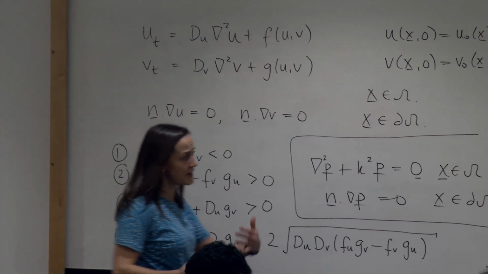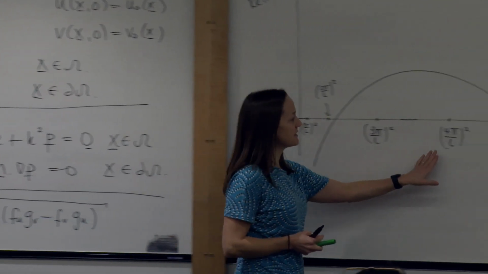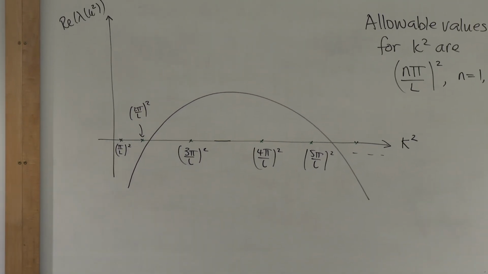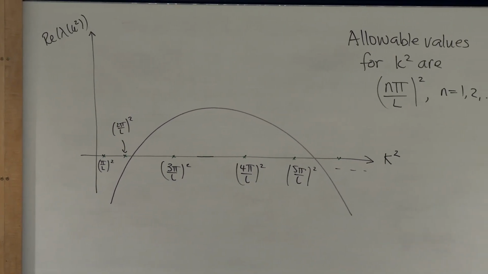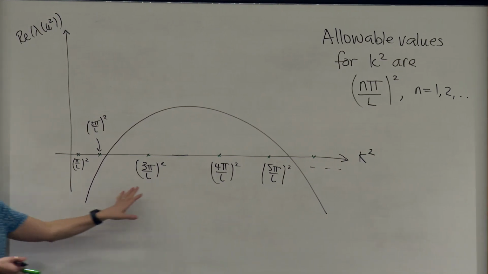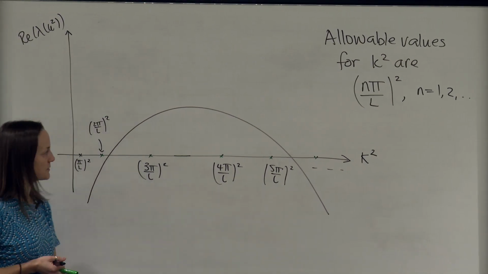But I expect that these modes which grow will seed the pattern in the fully nonlinear case. So I expect to see a pattern at long times that is made up of these ones.